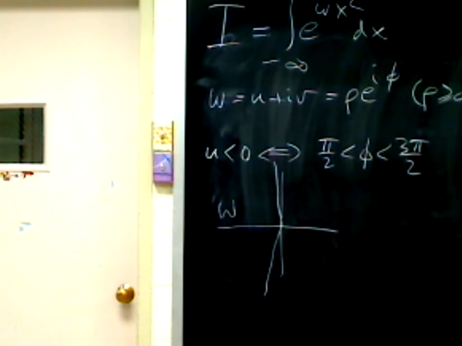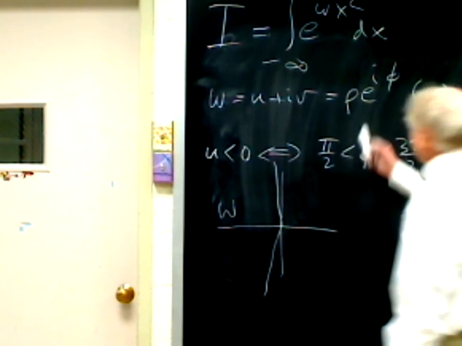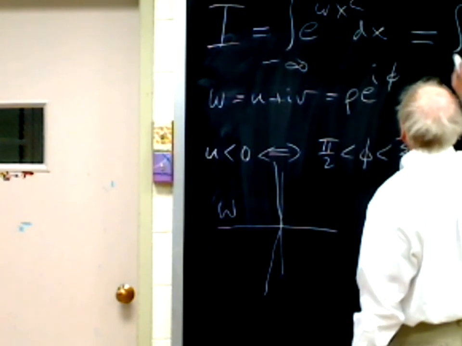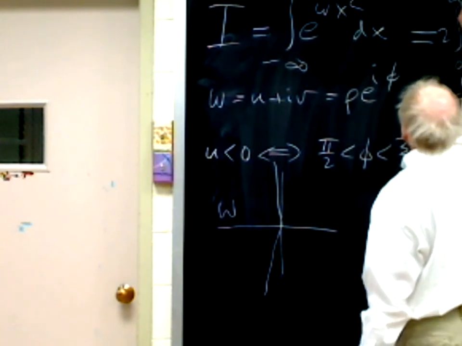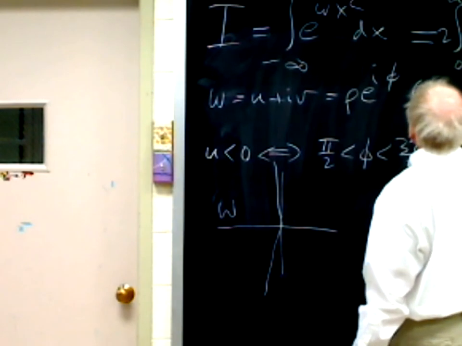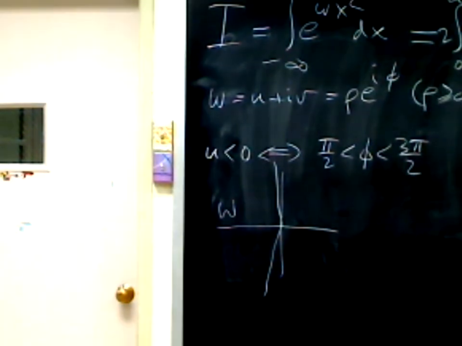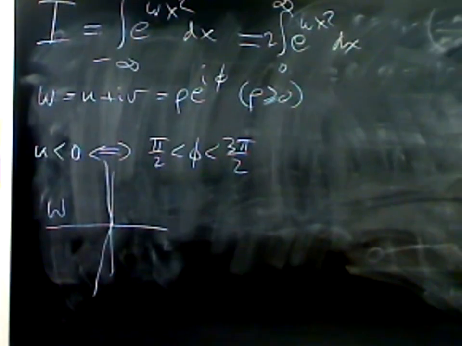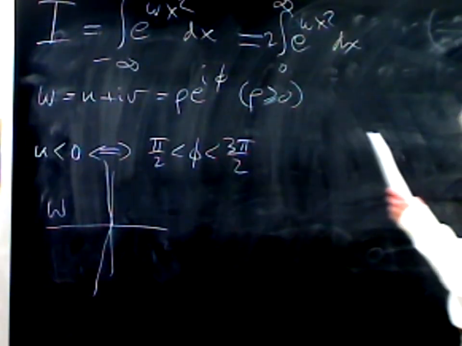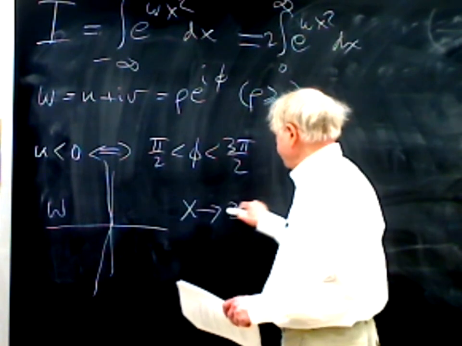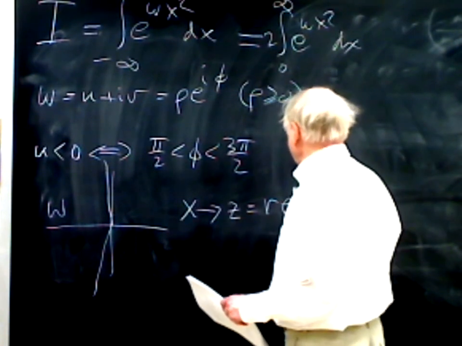All right, well, the first thing to do, at least doing it the way I want to do it, and there are probably many ways of doing this integral, I'm going to write it as 2 times the integral from 0 to infinity of e to the w x squared dx. Now I'm going to promote x to a complex variable z equal to r e to the i theta.